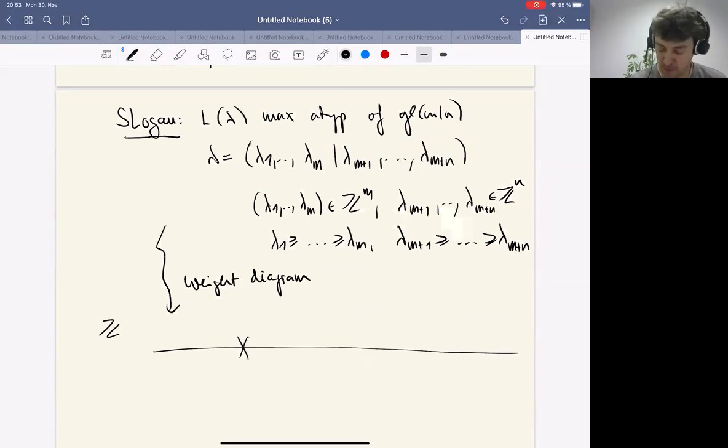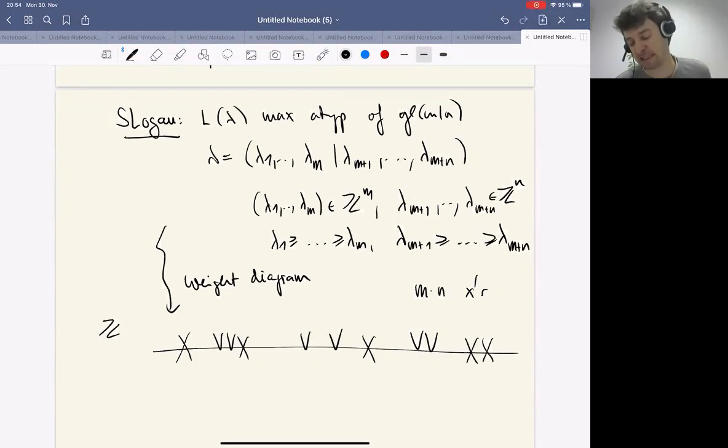So I have crosses, maybe like this. How many do I have? M minus n crosses. And I have downs, maybe like this. How many do I have? I said I have a maximal atypical weight. Actually, the number of these downs, that's the atypicality. So I have n of those.